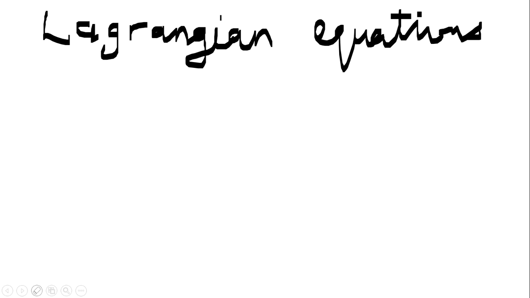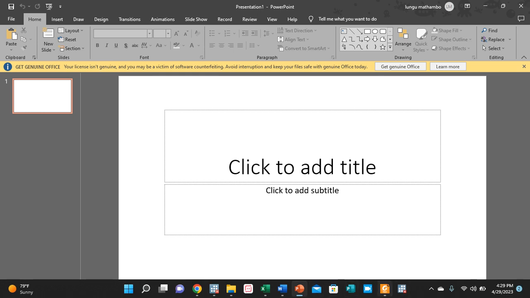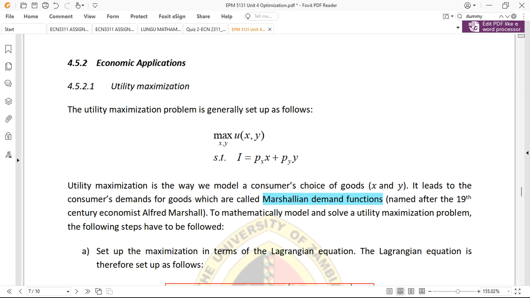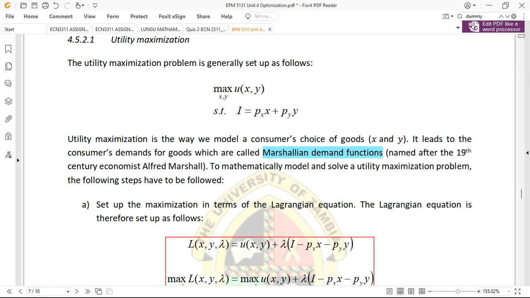Let's go through the steps together. We know that we need to derive the Marshallian demand functions or equations, and for us to do that, we need to use the Lagrangian equations.